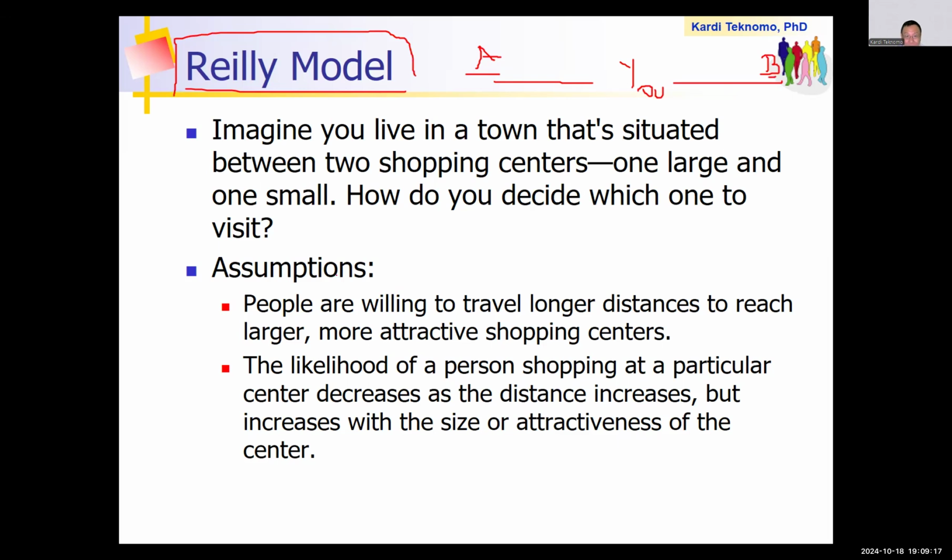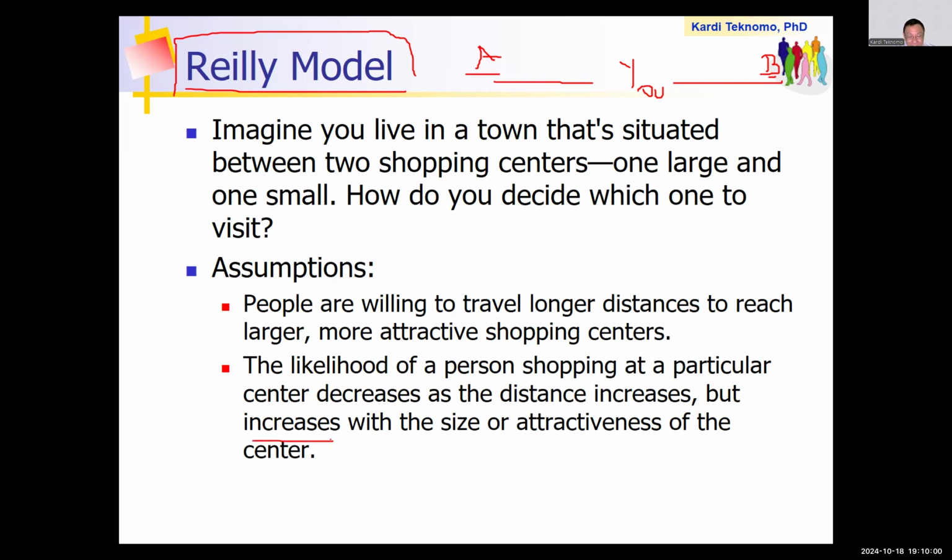We assume that people are willing to travel a longer distance to reach a larger or more attractive shopping center. So the likelihood, the probability that a person will shop at a particular center, will decrease as the distance increases, but when the size or attractiveness of the center increases, for example a larger mall, then you will go there also.